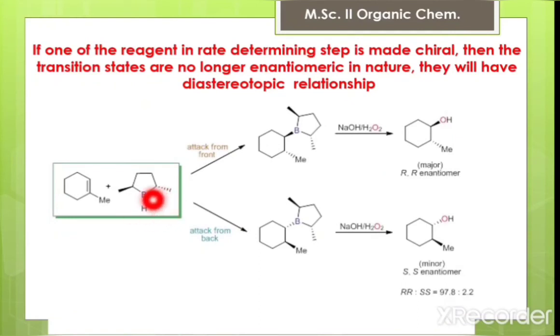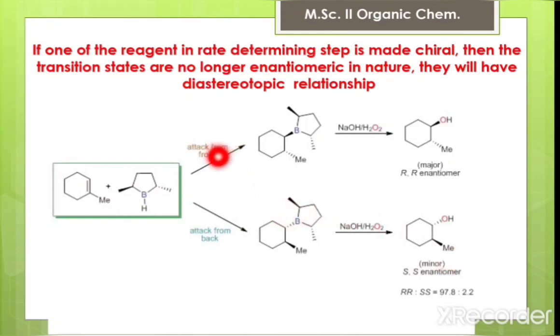Here, this will be attacked. That means this is hydroboration, nothing but the addition of hydrogen at the more substituted side, while the boron is joined to the less substituted side, and here attack from the front and attack from the back. Now we get two different products. Then with NaOH and H2O2, we get this as major, having the RR enantiomer, and with NaOH and H2O2, here we get the minor, that means the SS enantiomer.